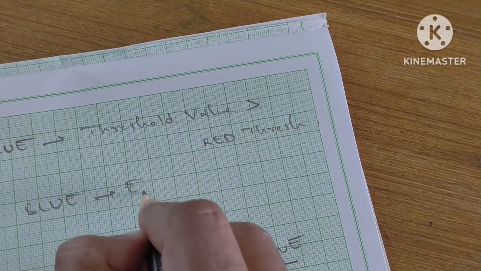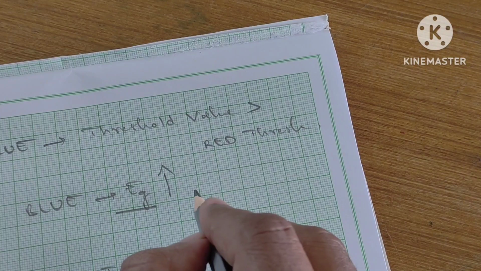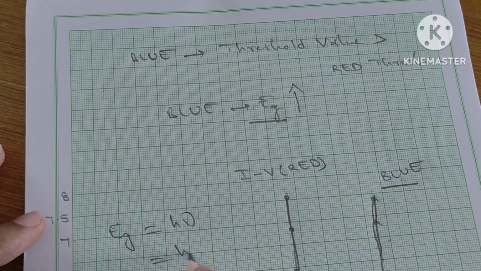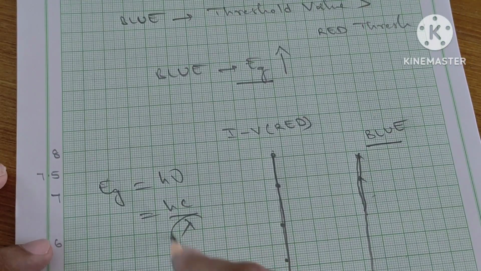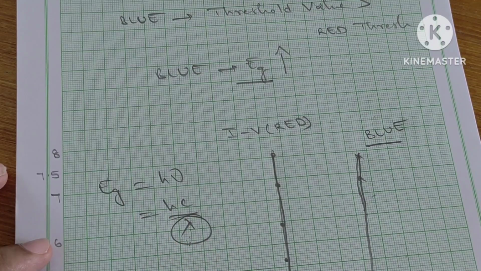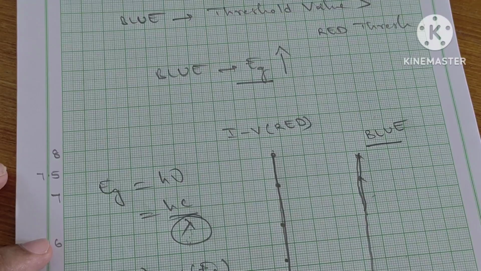Energy gap Eg is nothing but h nu, which is equivalent to hc by lambda. For the red LED, the lambda value is more, because of that Eg of red is less than Eg of blue.